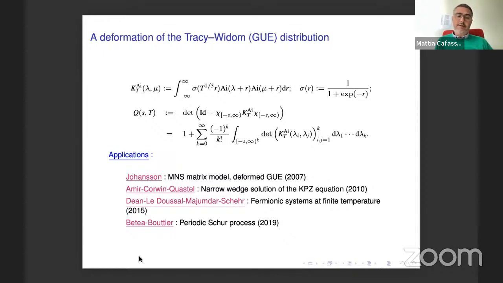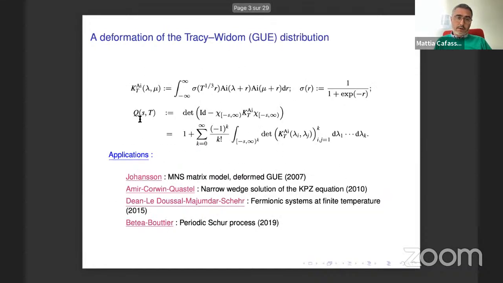And more recently, and I will speak a little bit about it in the second part of the talk, this kind of distribution appears also in the study of fermions at finite temperature. And also there is a discrete version of this story, which appears in the study of periodic Schur processes, some discrete point processes that are associated to probability measures on the space of integer partitions.